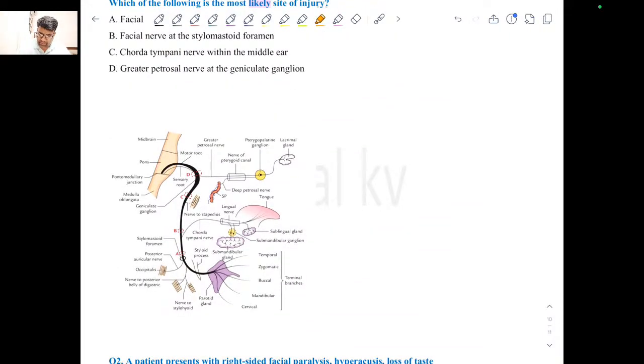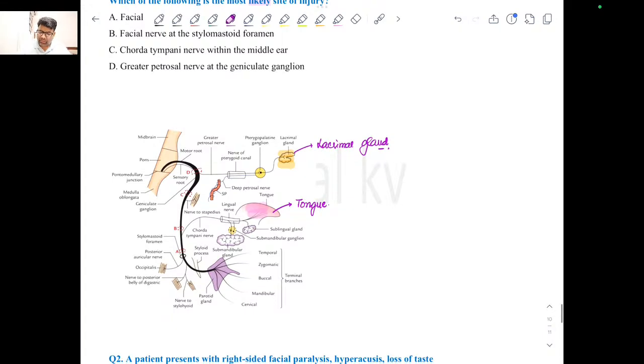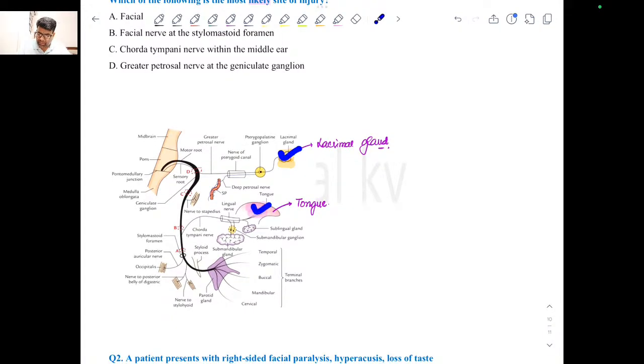Okay, so let us come here. Now this is the tongue. Okay, this is the lacrimal gland, and this is the tongue here. So now what is happening? These two are working properly.